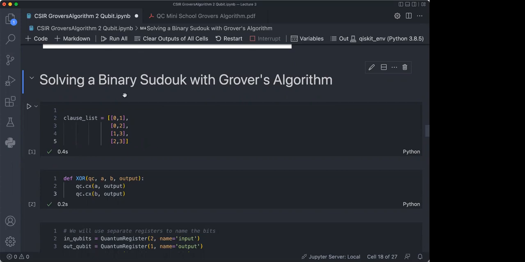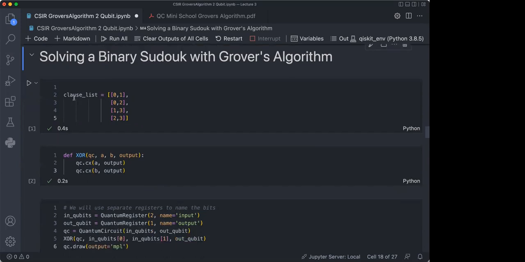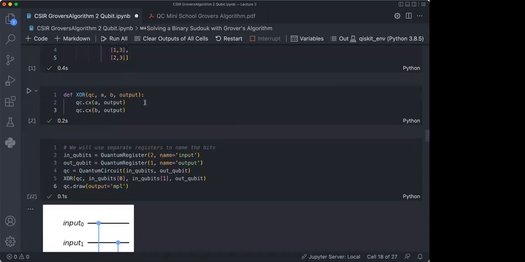If all these are not the same, then we know we have a solution to the Sudoku problem. We'll also define an XOR gate, and this function accepts as parameters a quantum circuit, the first qubit, the second qubit, or the inputs rather, and an output qubit in which it'll store whether or not the qubits are the same.